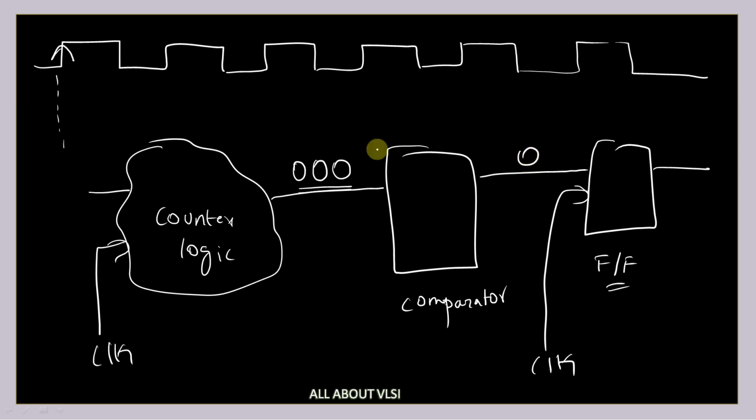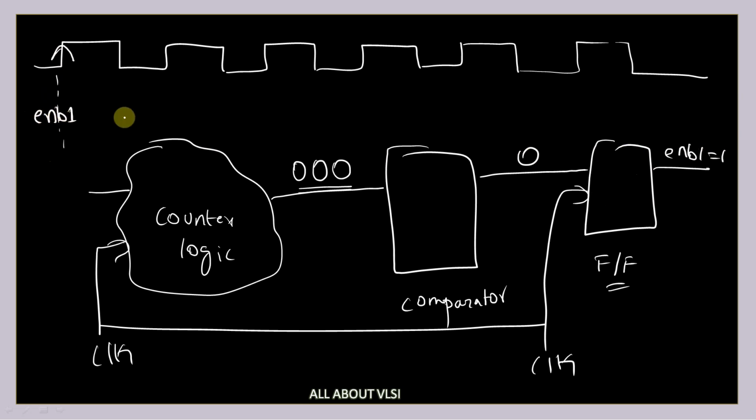Before applying this positive edge of the clock, the same clock is applied to these two flip-flops. Before this edge arrives, the input which is given to this D flip-flop is equal to 0. That's why at this first positive edge of the clock, your output, enable 1, will become, sorry, enable 1 will become 0 only.